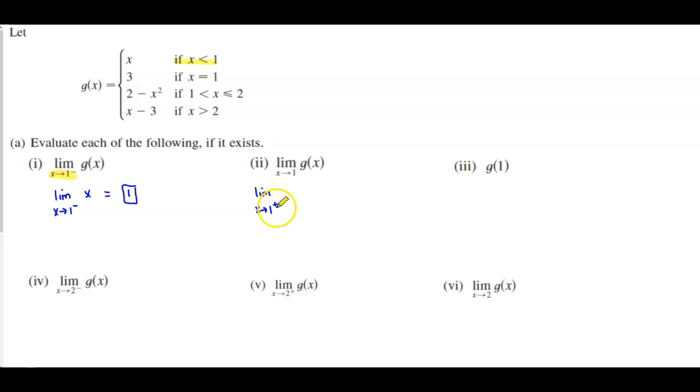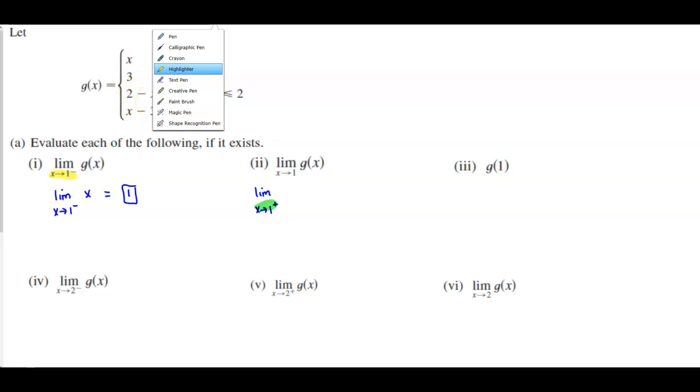Where is it that we are approaching 1 from the right? Well, we don't use the equals because we don't include where x is equal to 1. The first one was where x was approaching 1 from the left, and if we look here, this is x is greater than 1. So that means it is approaching 1 from the right here, and we need to use this function, 2 minus x squared.